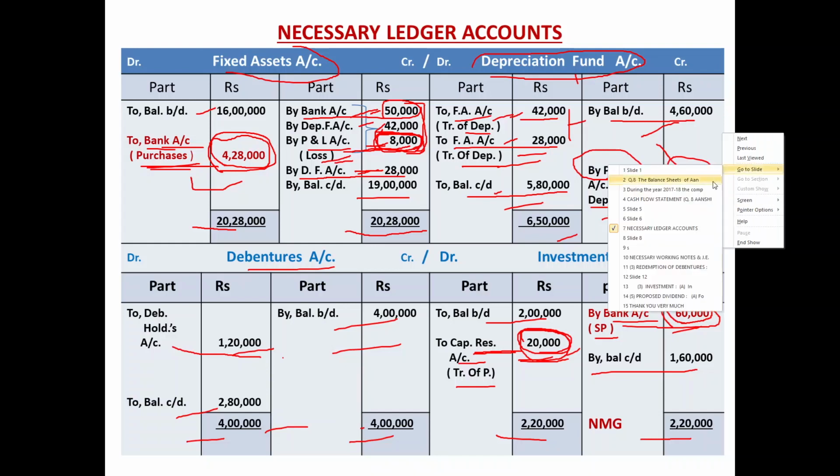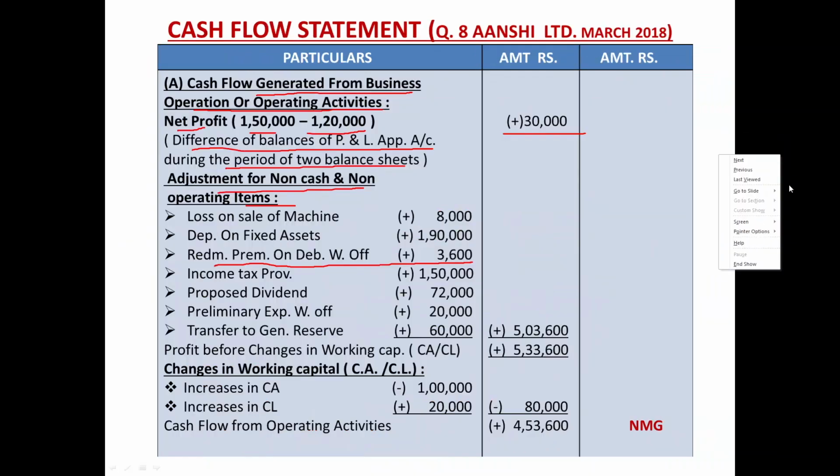Let us report it. Cash flow from operating activities, adjustments for non-cash and non-operating items: loss on sale of machine 8,000 and depreciation on fixed assets 1,90,000. So we reported two items from those two ledger accounts, fixed assets and depreciation fund account.